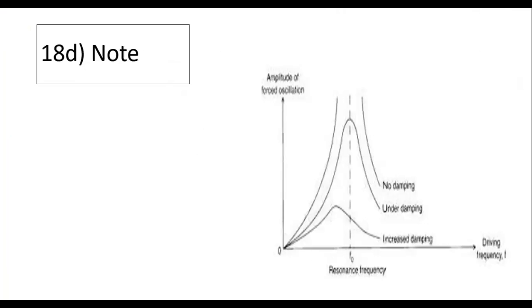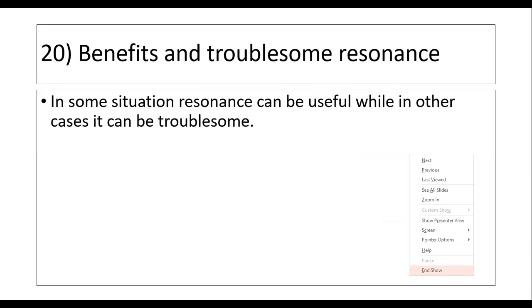They shouldn't touch at all. It doesn't go to zero. This one always decreases lower than this one. This is for under damping. This is for heavy damping. That peak there is less than your natural frequency. Keep that in mind. Okay, let's carry on.